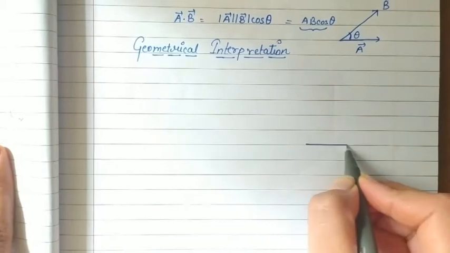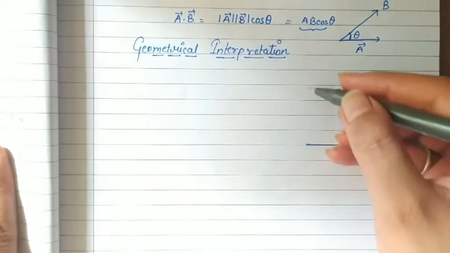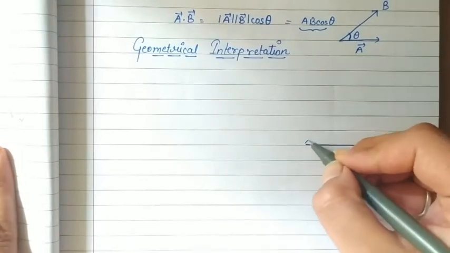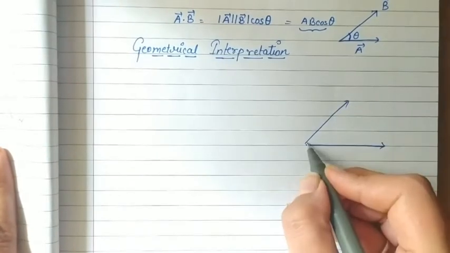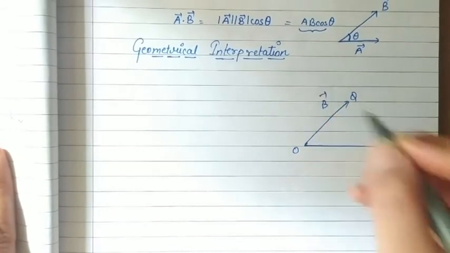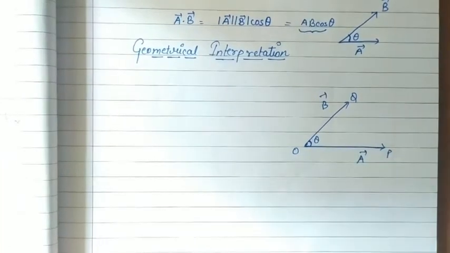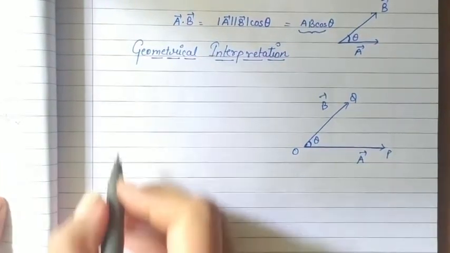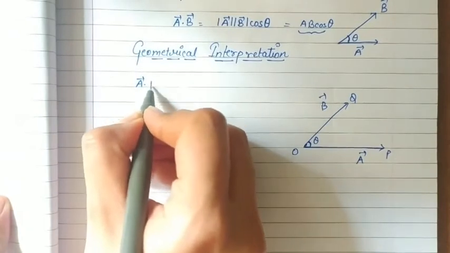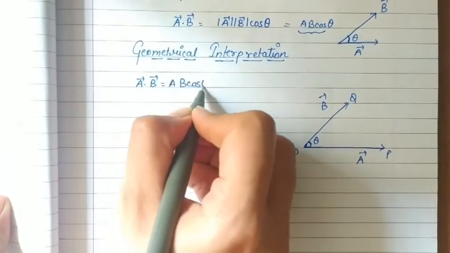Suppose we have a vector A and another one is B vector. I am naming them OP and OQ. This is B vector and this is A vector. The angle between the two is theta. Now according to the dot product, A dot B is AB cos theta.